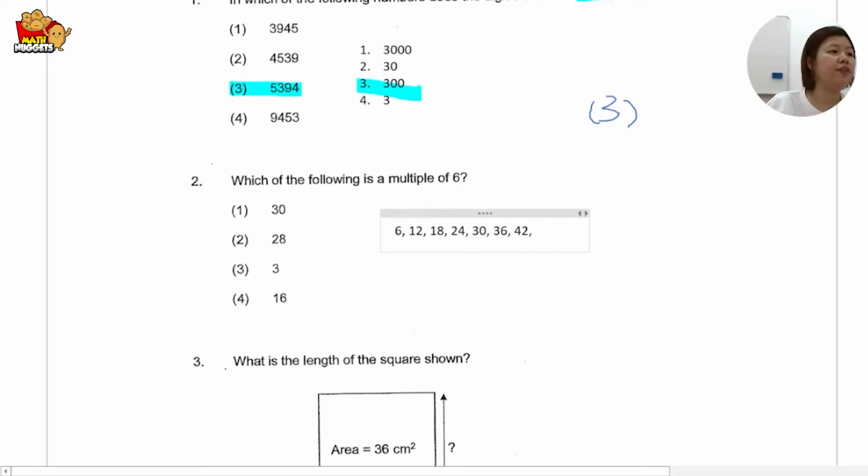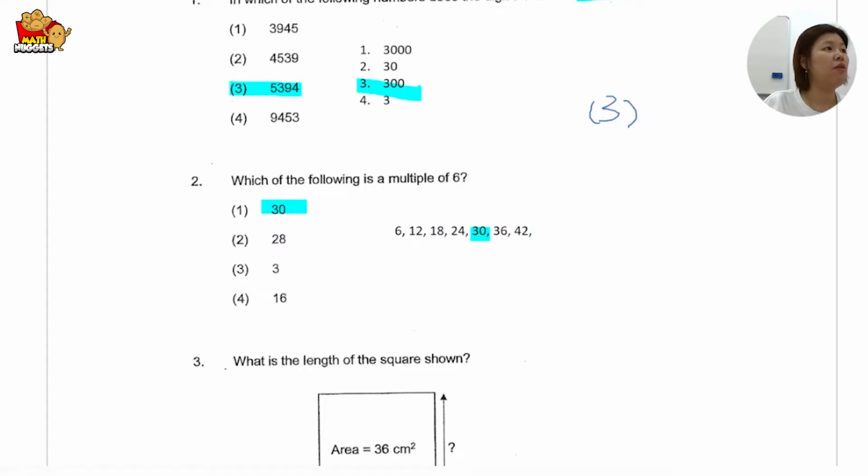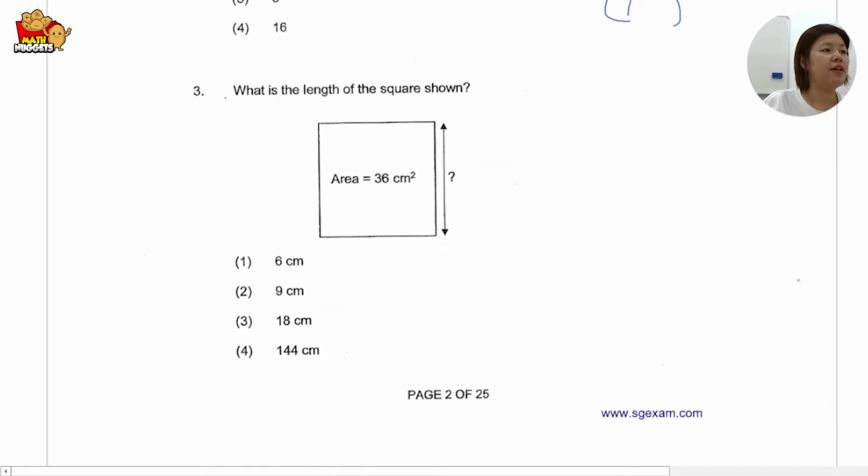Okay, let's stop here first. Why? Because our options are only until 30. So let's take a look. We have 30. Okay, and if you double check with your multiples, that's all. So my answer is number 1. Okay, let's move on.